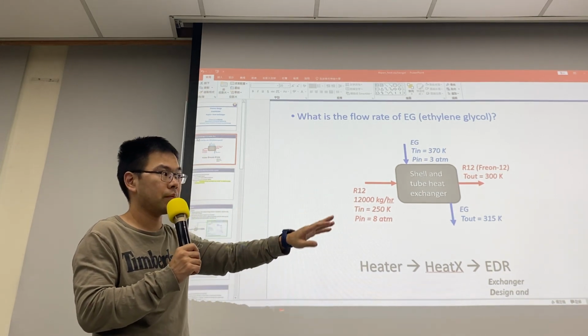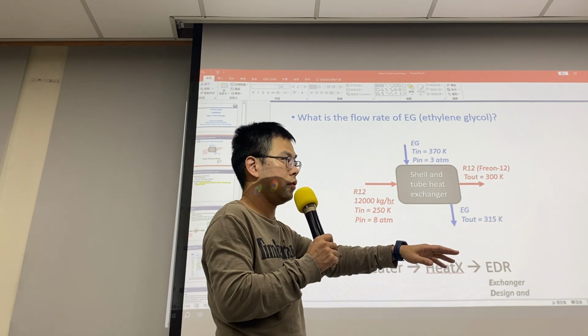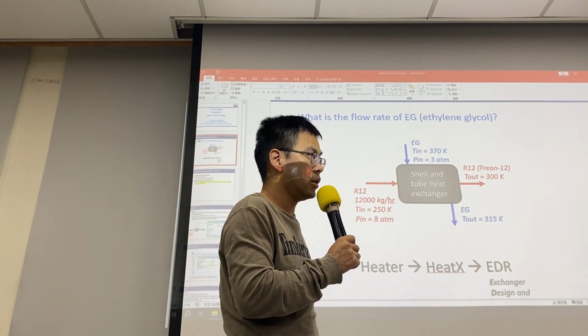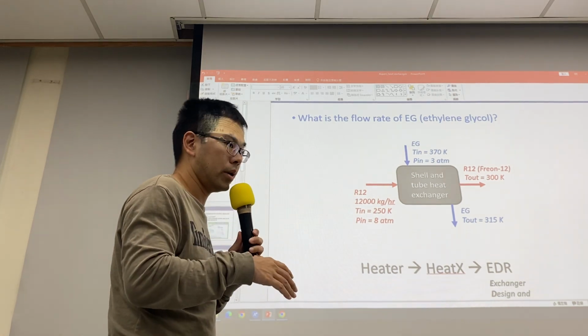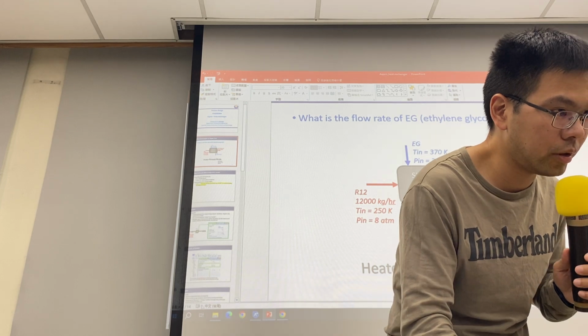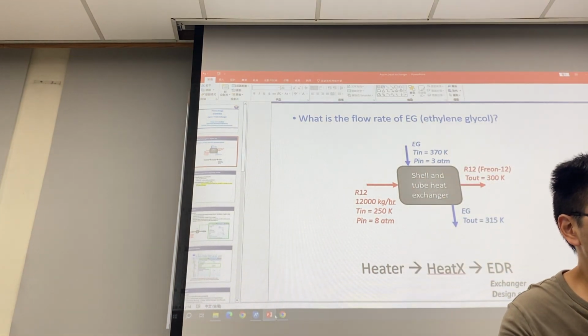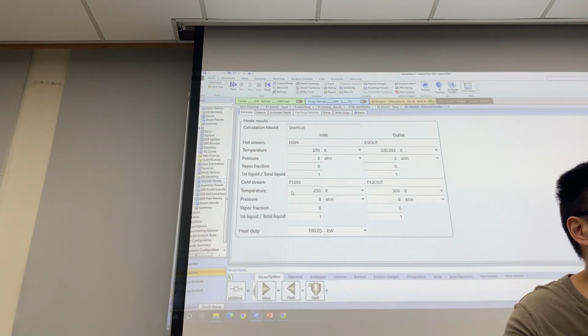So we can try the flow rate to a higher one, maybe 5,500 kilograms per hour, etc. Okay, that will be your work. But what I want to show you is here.